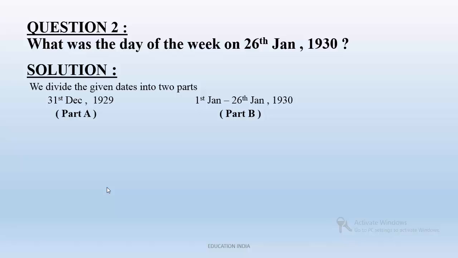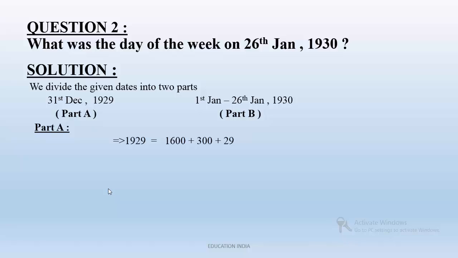First we calculate the odd days due to part A, then the odd days due to part B. Finally, we add both of them together and the final result gives us the total number of odd days.